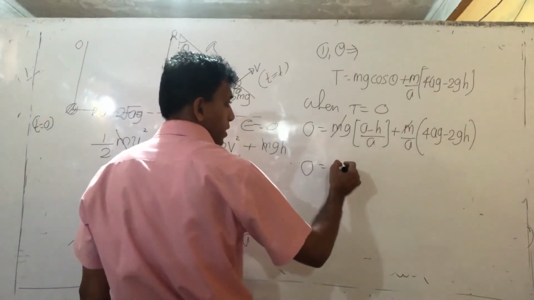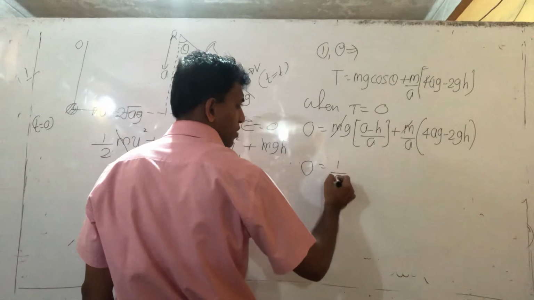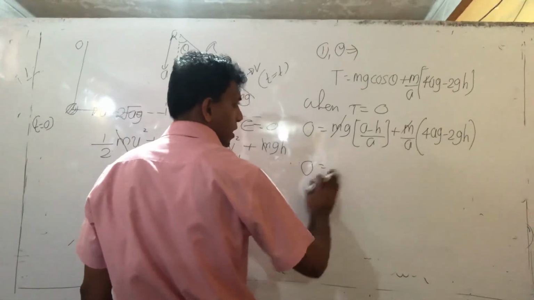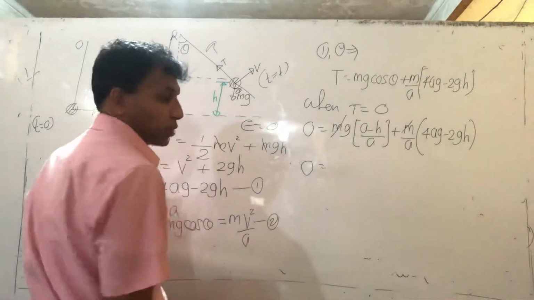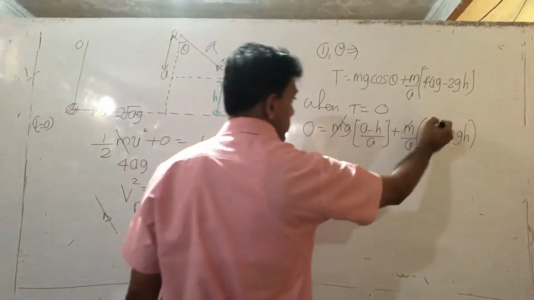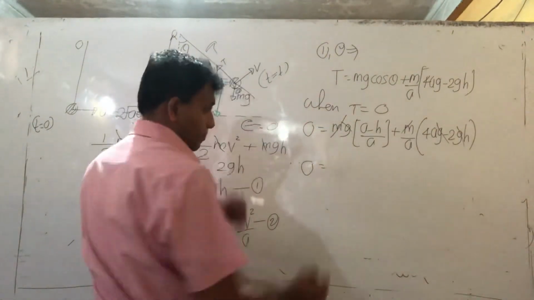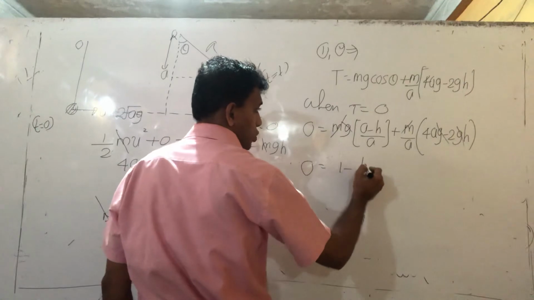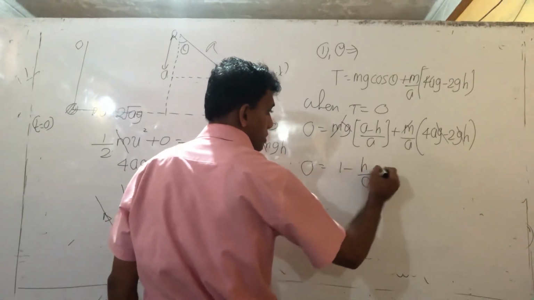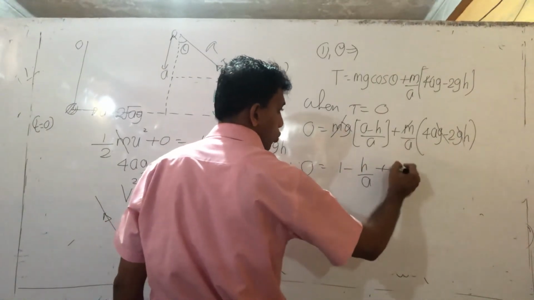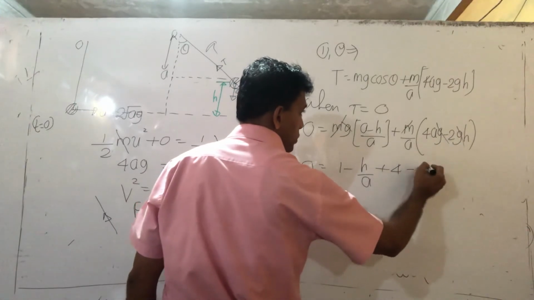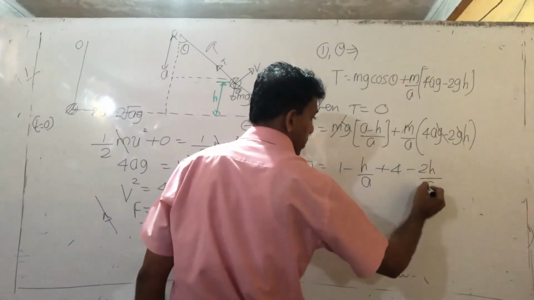So divide by a, take the 1 over a out. You can cut the g also, mg cancels, right? G cancels. So 1 minus h over a plus 4 minus 2h over a.